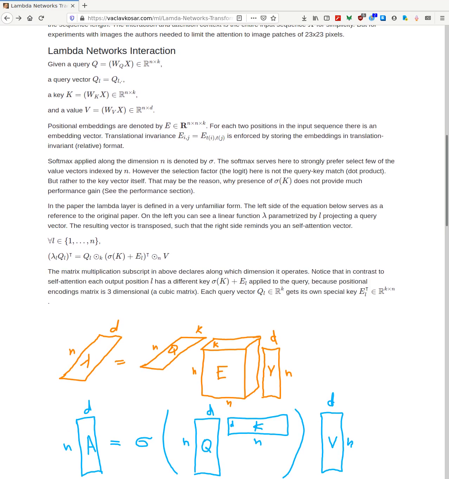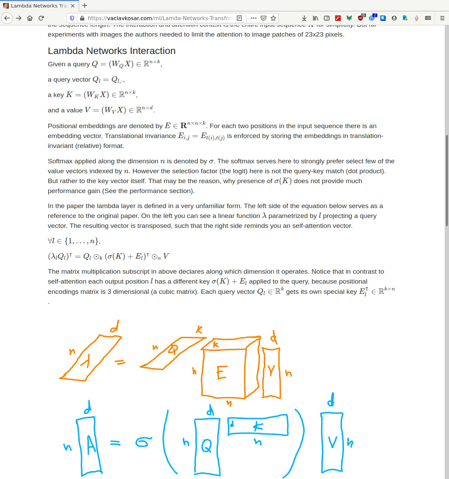So how does it specifically look? We have a query matrix that's created by multiplying W with X, where X is the input matrix, and this query matrix is n times k, where k is less than d usually, or something similar to d, but not exactly d. It's some other dimension. Then we have a query vector, which is just a slice along the position dimension.